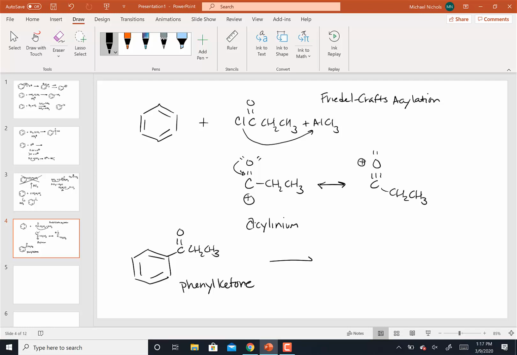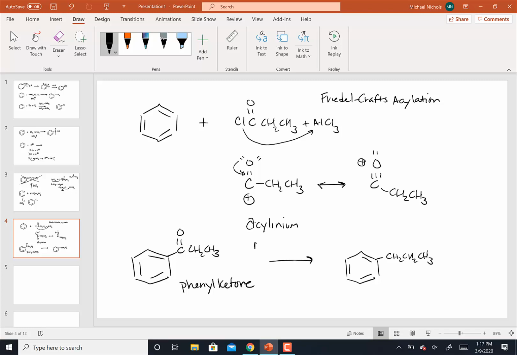So if I want to convert that phenyl ketone into a CH2 group, which will then allow me to synthesize straight-chained benzene rings, I need one of these 2 reagents. And they're kind of interchangeable, although they probably aren't. There's probably restrictions on them, but we're going to use them interchangeably.